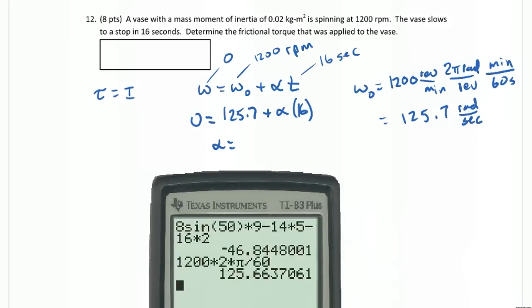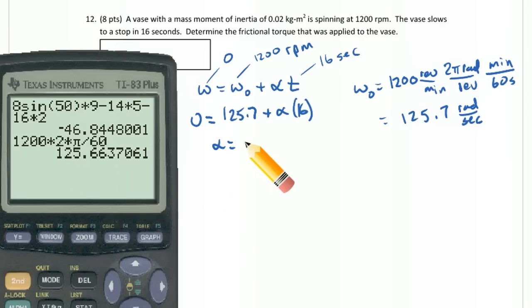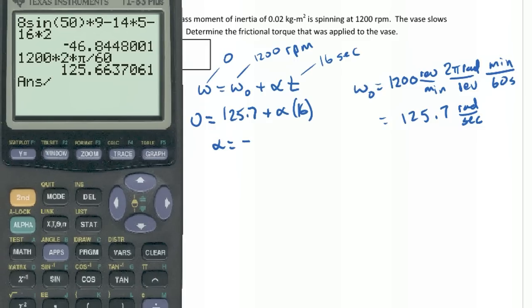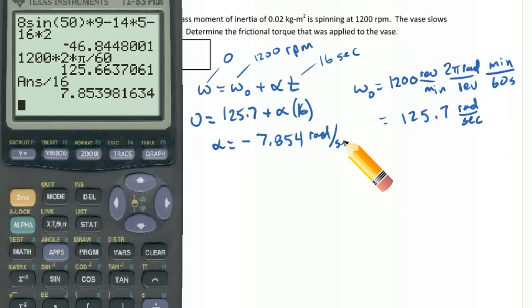So alpha looks like it's going to be minus the previous number divided by 16, which is 7.854 radians per second squared.